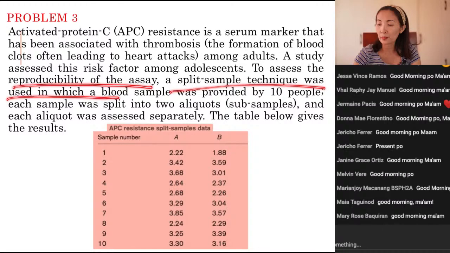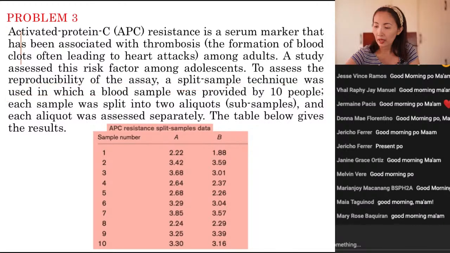Each sample was split into 2 parts and assessed separately. I want you to compute the mean, standard deviation, and coefficient of variation of sample A and sample B. I leave this as part of your assignment, so maybe skip part B so we can move on to the next.